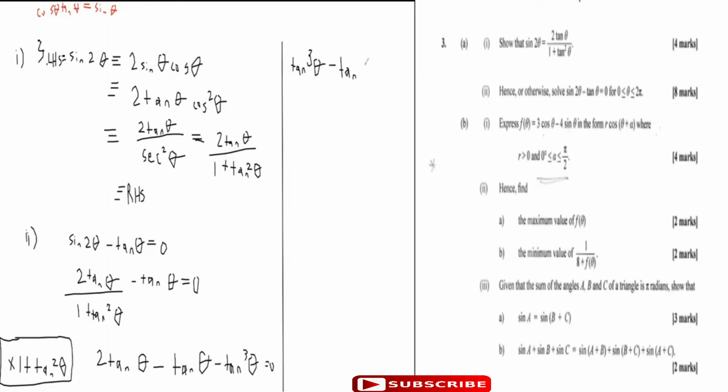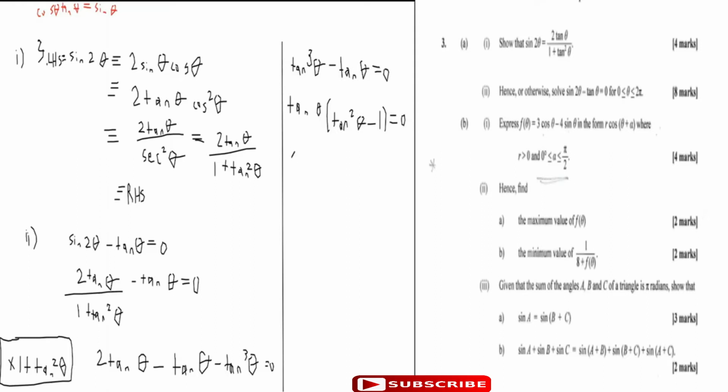So I get tan cube theta minus tan theta is equal to 0. I can then factorize tan theta, and I end up getting tan theta times tan square theta minus 1 equal to 0.